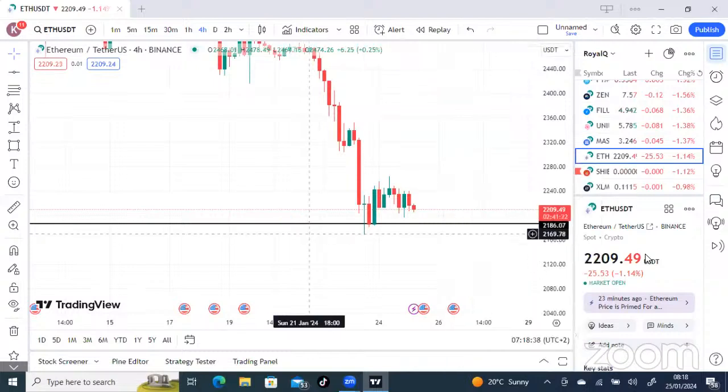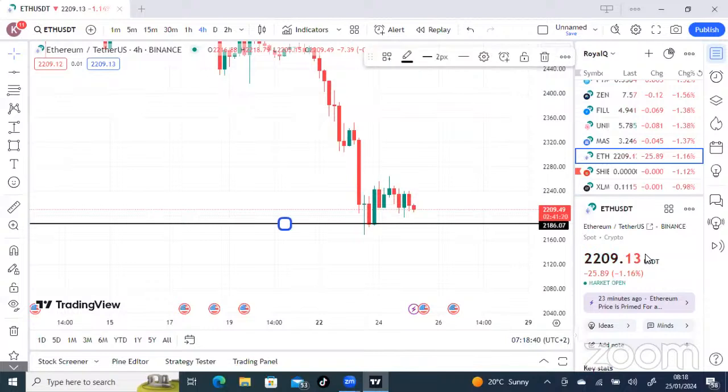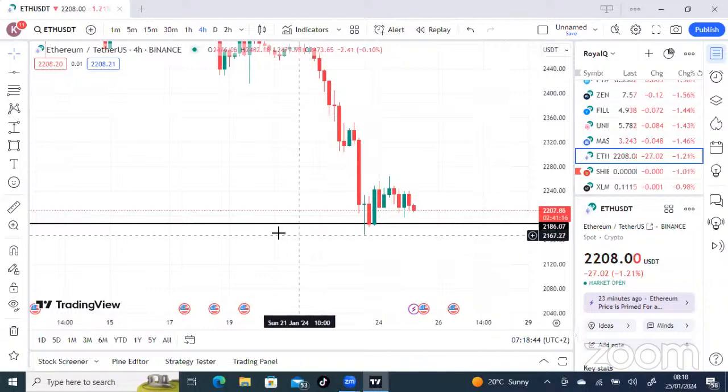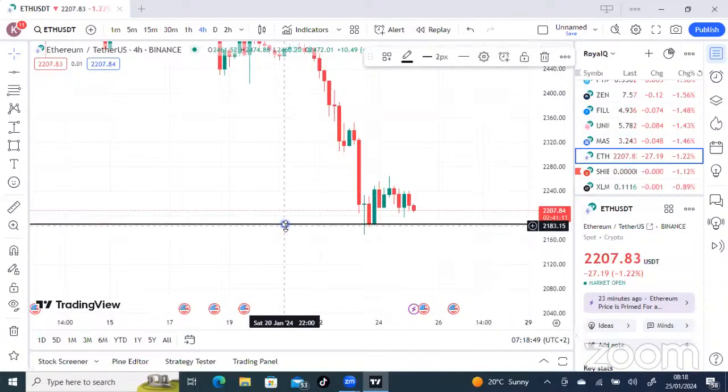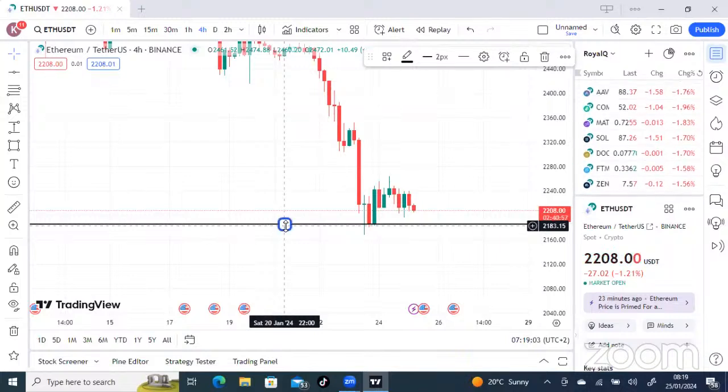Not too low, because it may not get there, but just around there. So it is a preset price. I wait for this coin to come down here. When it reaches there, let it buy. That is the preset price.